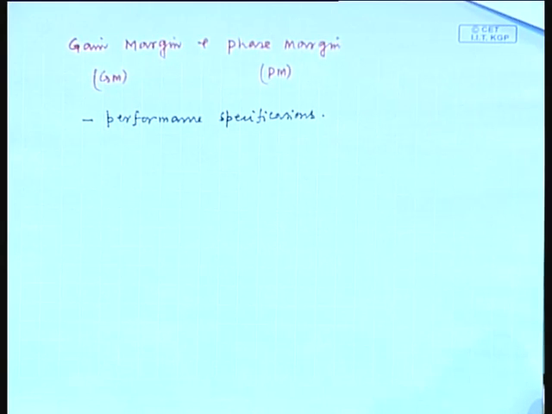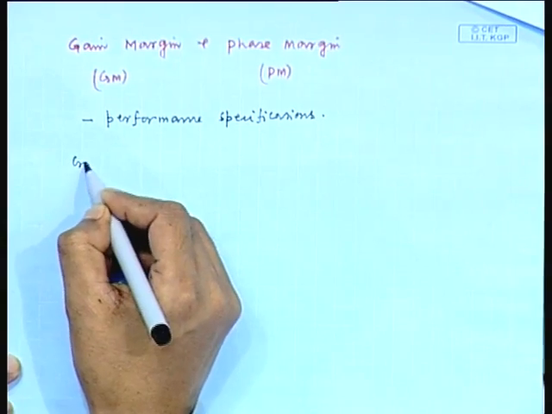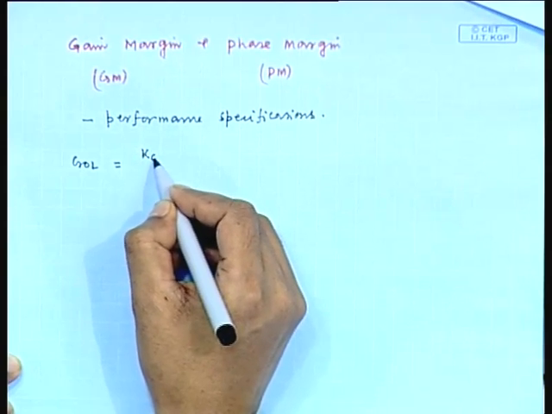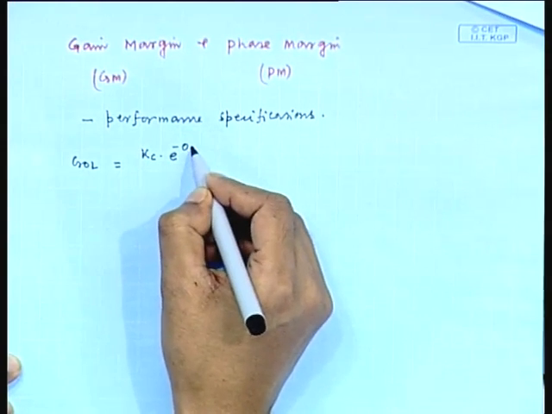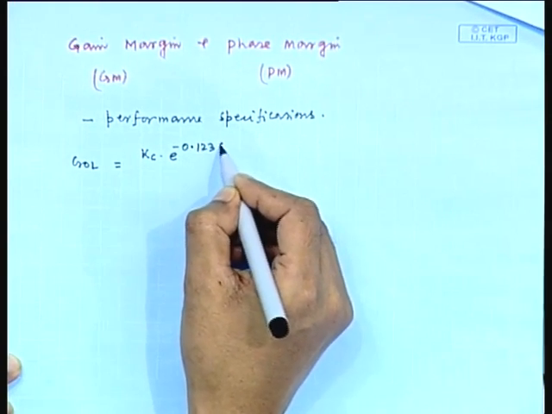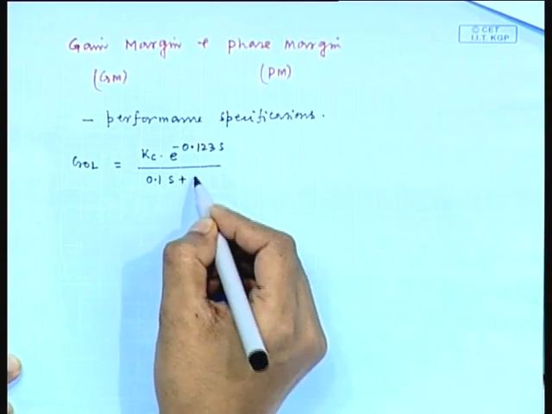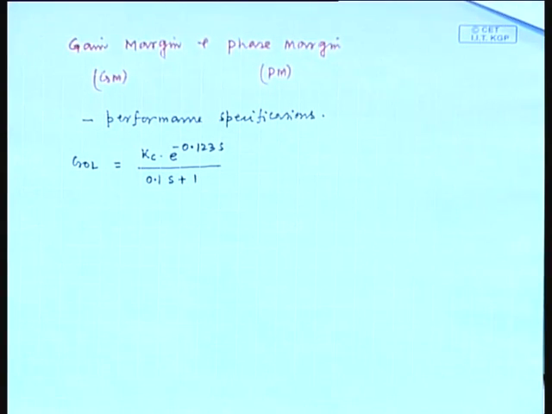So, for discussing this gain margin and phase margin, it is better to consider an example, and we will continue the example which we considered earlier, having the open loop transfer function equals Kc exponential minus 0.123 s divided by 0.1 s plus 1.